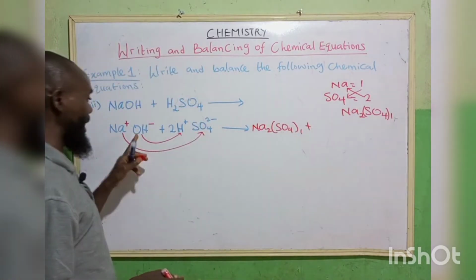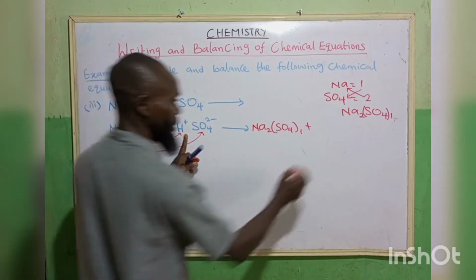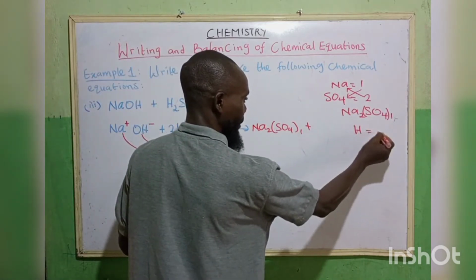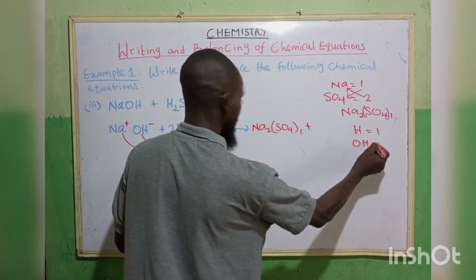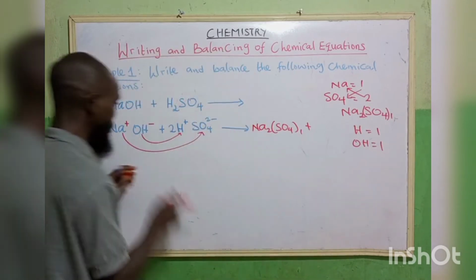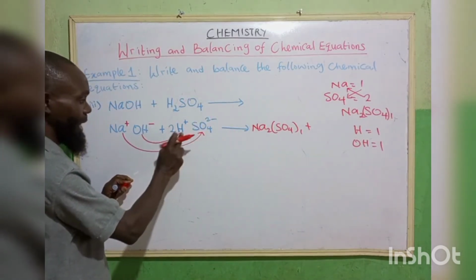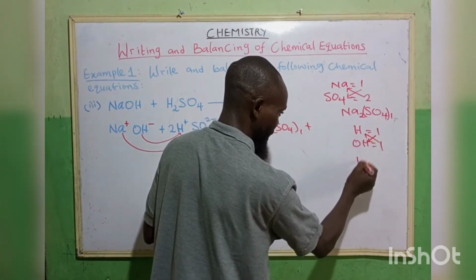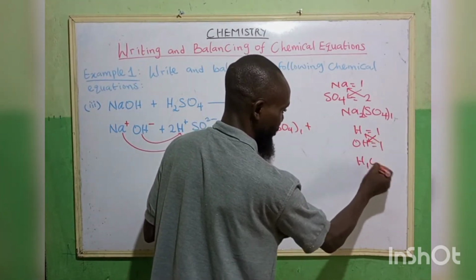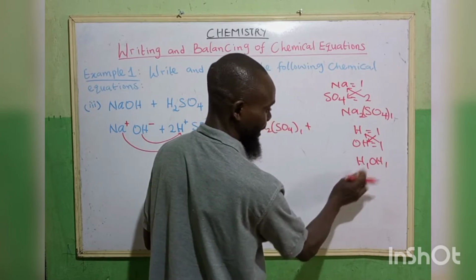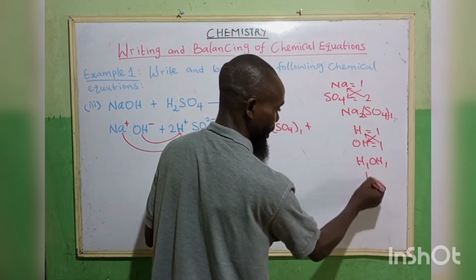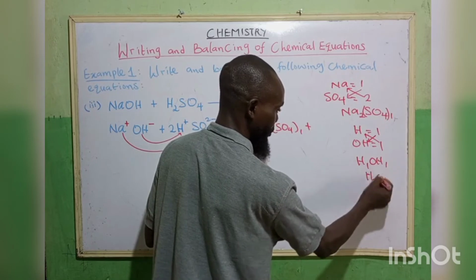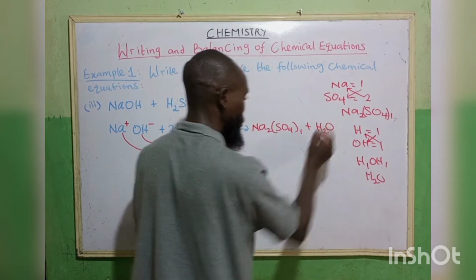Now it remain OH minus and H plus. So H plus, that is 1. OH, that is also 1. So cross multiply, we are going to have H1 and OH1. So when I look at this, how many hydrogen do we have here? We have 2. H2, then 1 oxygen, O. H2O.